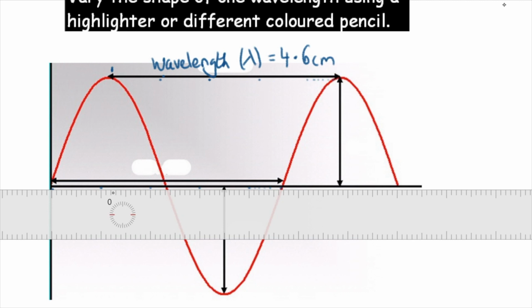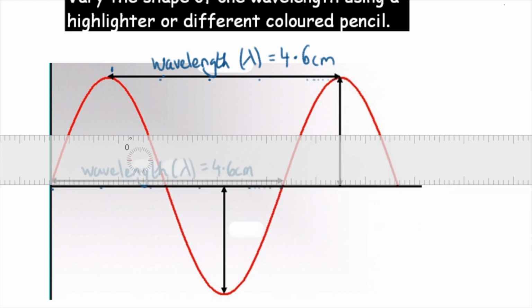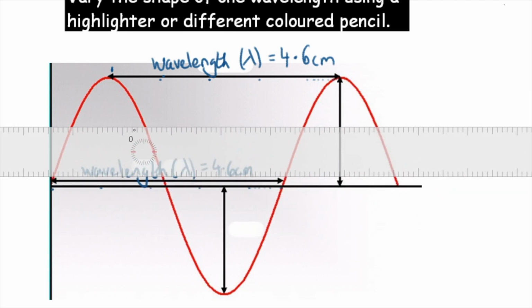Okay, so we can label this wavelength lambda equals 4.6 centimeters. Now, in fact, you could do that at any two similar points on the wave.